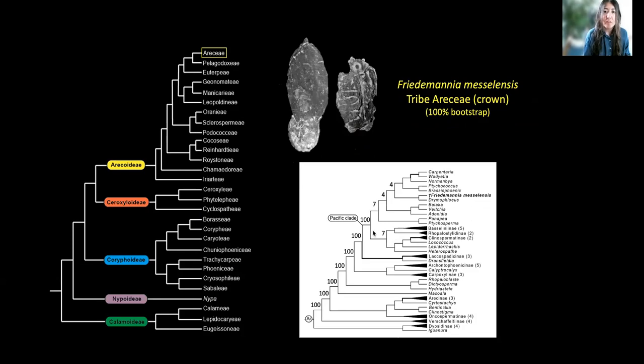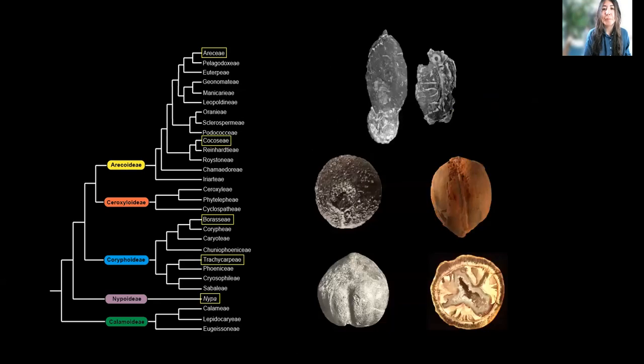Now, because genus level relationships within Ericeae are poorly understood, and some other reasons I don't really have time to get into here, we decided to cautiously treat Friedmannia as a member of the Ericeae crown group rather than a member of any particular clade within the tribe. All right, so we have 5 fossil fruits that we can place with pretty high support in several different lineages within palms. So this is very promising.